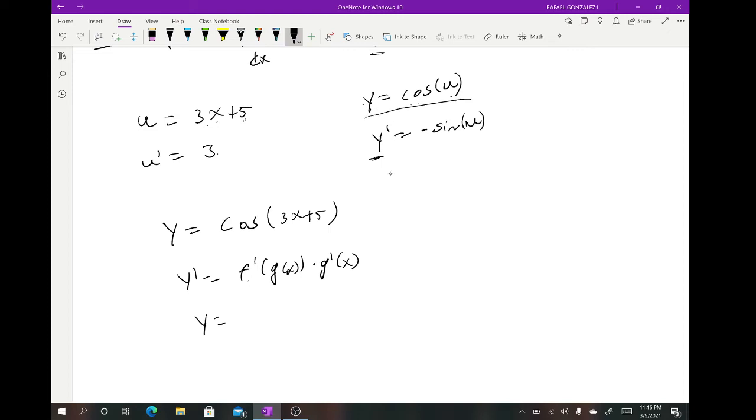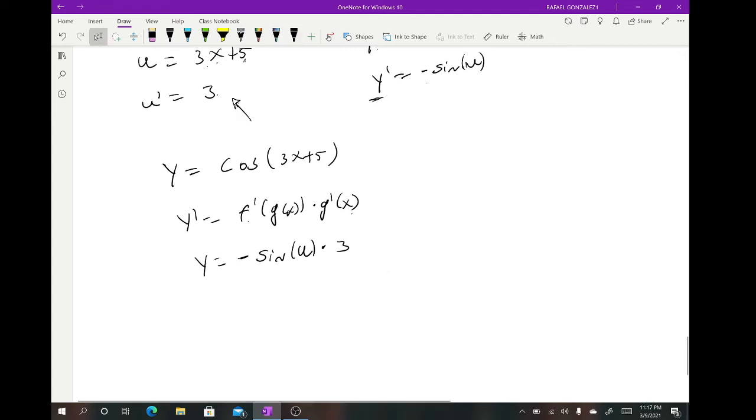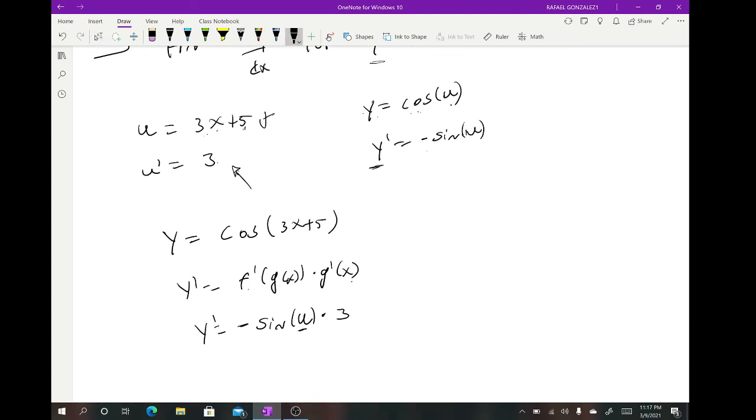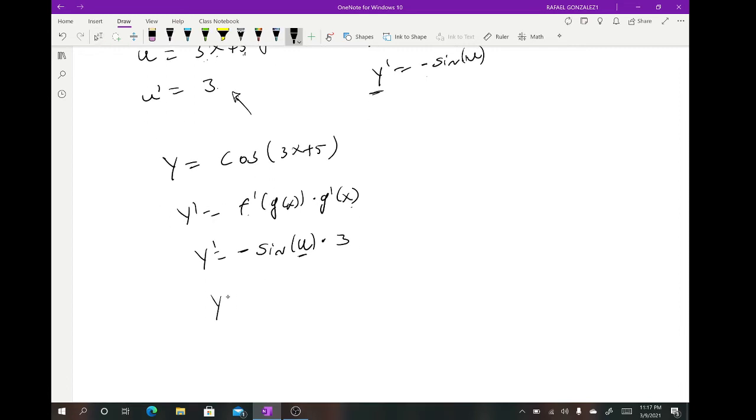So my f prime is negative sine of u times g prime, which is just 3, because that's what u prime is. But now I know what u was. U was simply 3x plus 5. So let's substitute that in. So y prime is equal to minus sine of 3x plus 5 times 3, otherwise known as negative 3 sine of 3x plus 5.